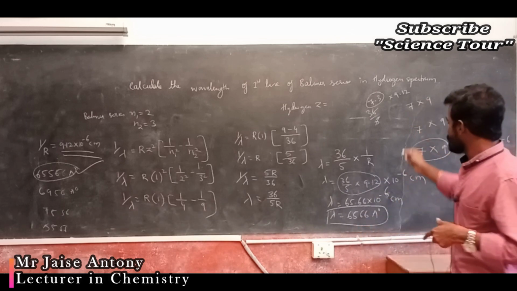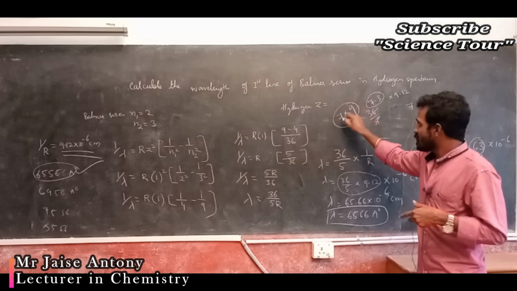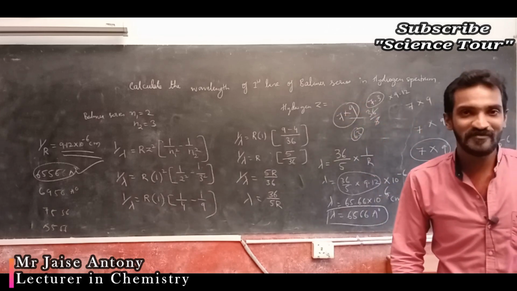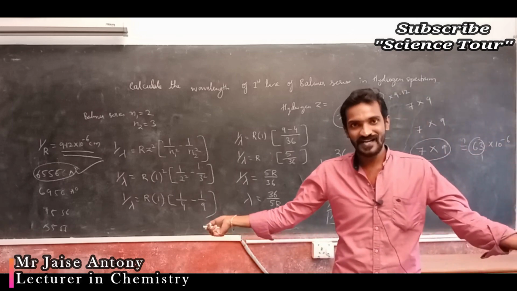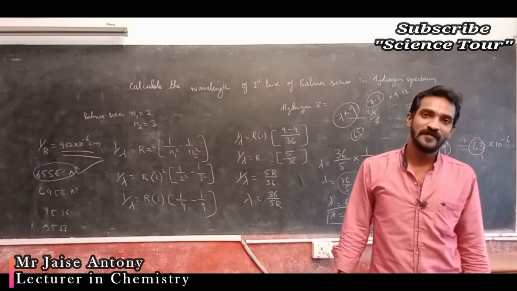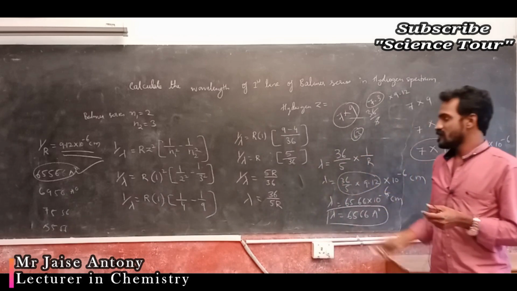If 7.3 is there, you take it as 7, and 9.1 you take as 9, and 7 into 9 is 63. Calculation is over. 63 into 10 to the power minus 6. Now 63 is near to 65. That is your correct answer. So always simplify this calculation part and get the answer.